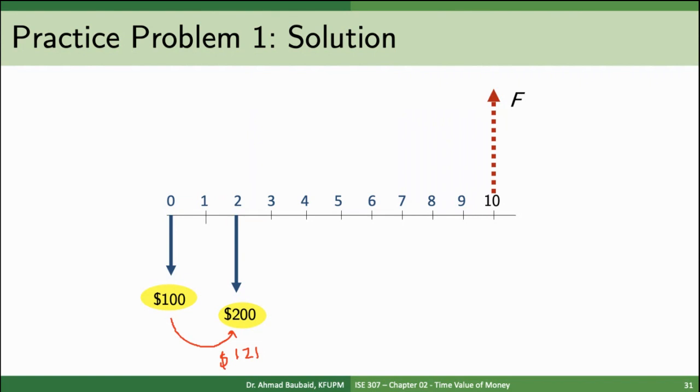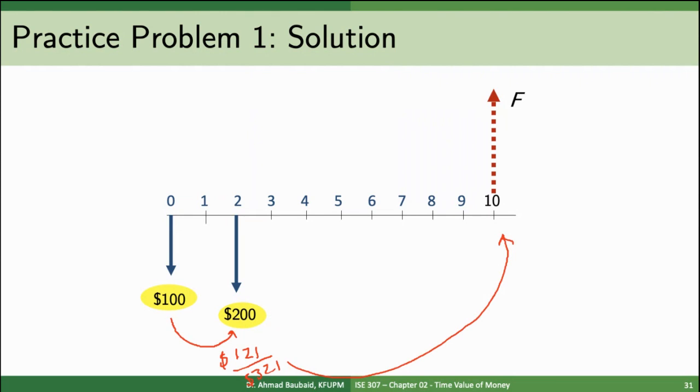Then you add these 2 numbers and get 321. Then you need to move the 321 all the way here. You need to find how much it's going to be worth in the future. How do you do that? Well, you apply 8% for 8 time periods because we're moving it from 2 to 10. And that's going to be F. So that's one way of finding the solution.